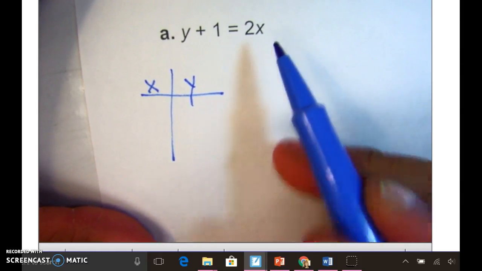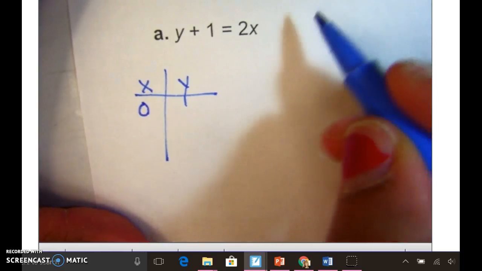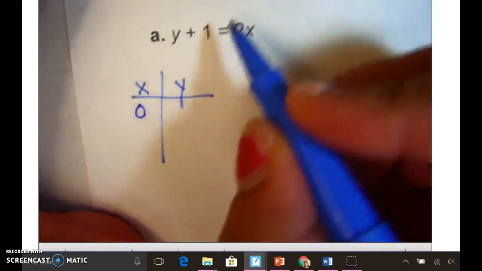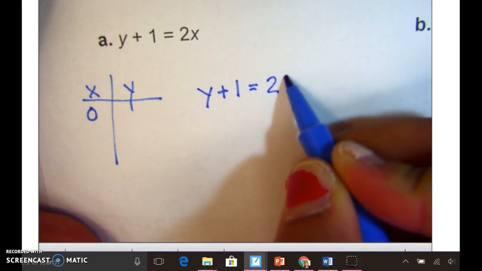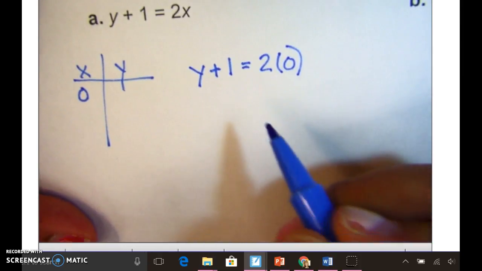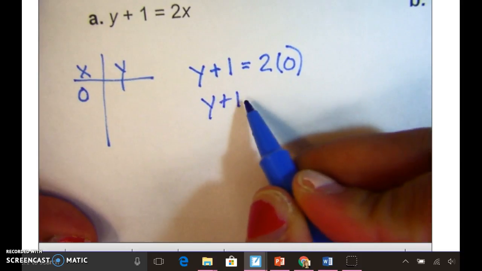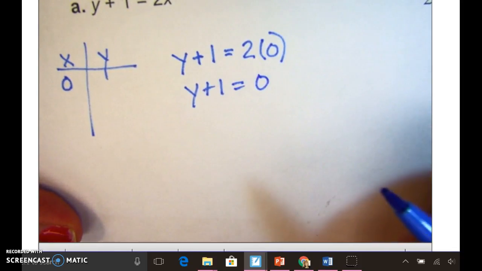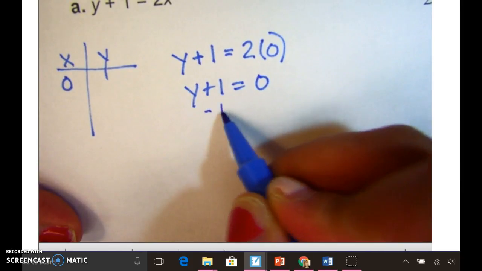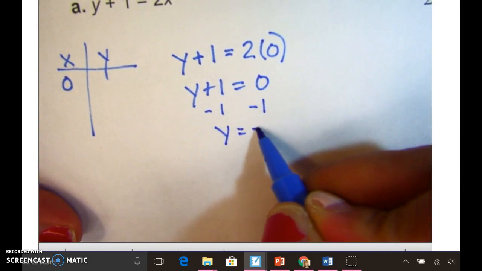So if I said x equals 0, then I would be saying that y plus 1 equals 2 times 0, which is 0. And I could subtract 1, and y would equal negative 1.